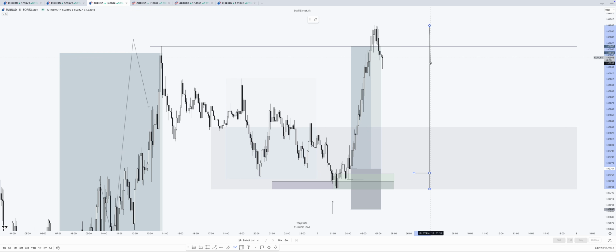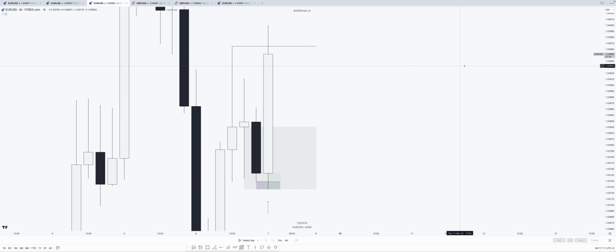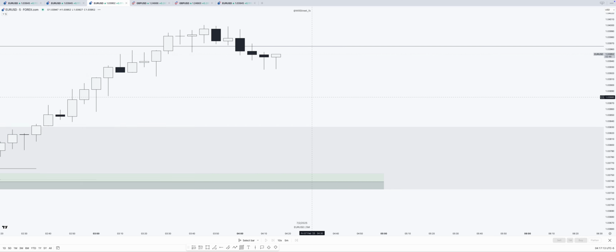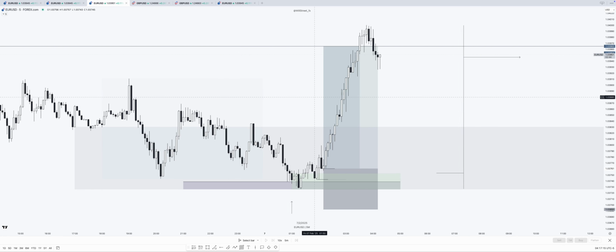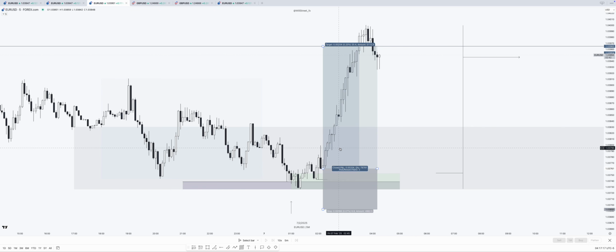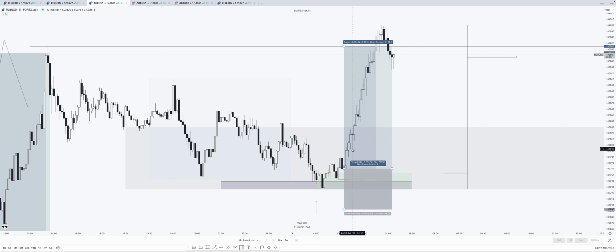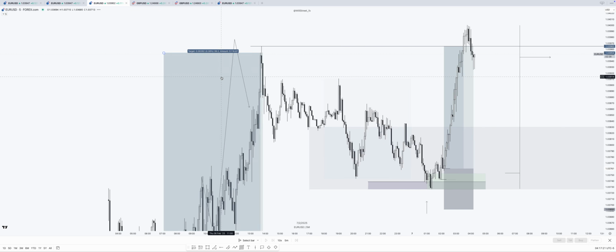So right now, at this specific time that I'm recording the video, that's exactly how the candle looks. Okay, you missed these longs here, but is the job done?